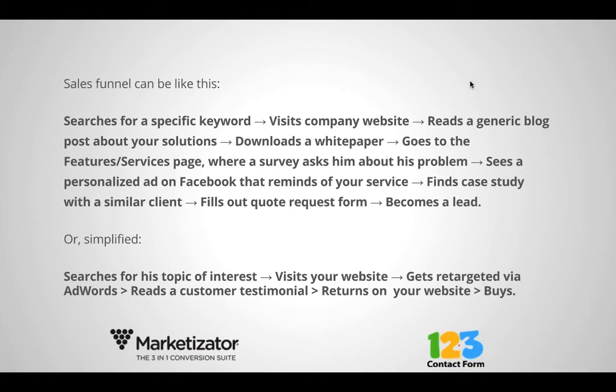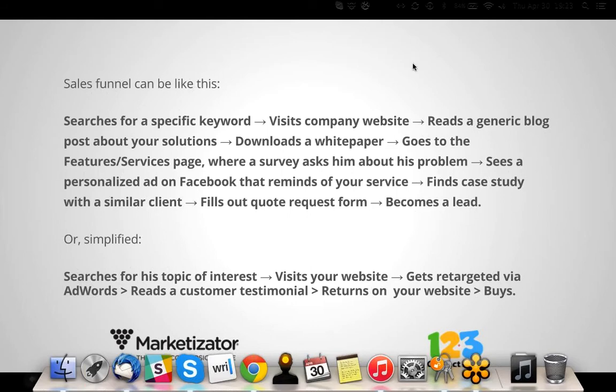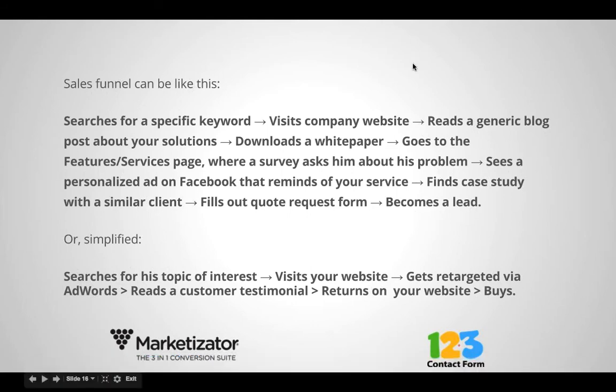Next, there comes a micro action, which can be downloading a white paper about the service, and afterwards visiting the features or services page, where, as we said before, the wise thing to do is to place a survey that asks them about their problems.